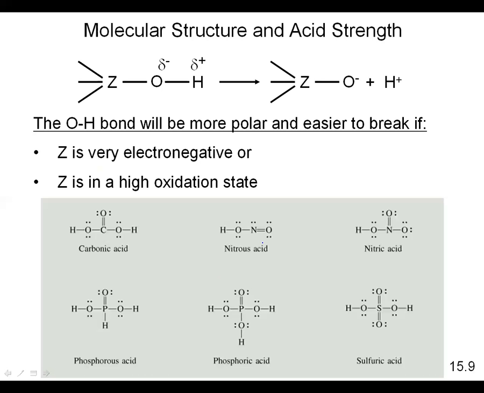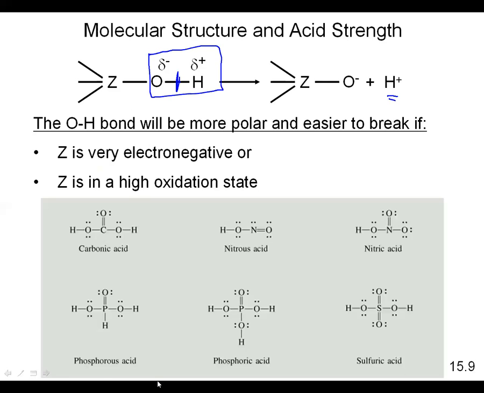Just a reminder that electronegativity is the ability of an atom to bring electrons towards itself. It's what creates the separation of charge that occurs because of the difference in electronegativity. And again, the greater the electronegativity, the weaker this bond will become.